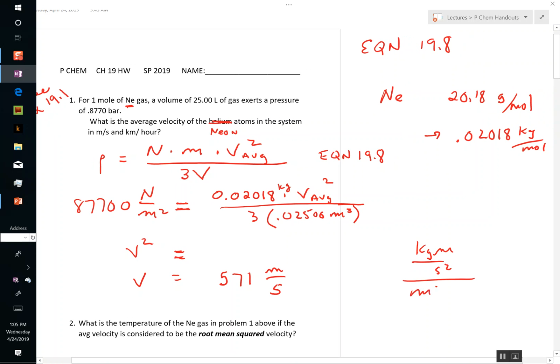And we're going to have meters squared here, and then we're going to be multiplying this by meters cubed over here. I'm trying to get the units too, and I felt like meters cancels. Or does it not? One of the meters cancels. Let me think. I could do the whole thing.